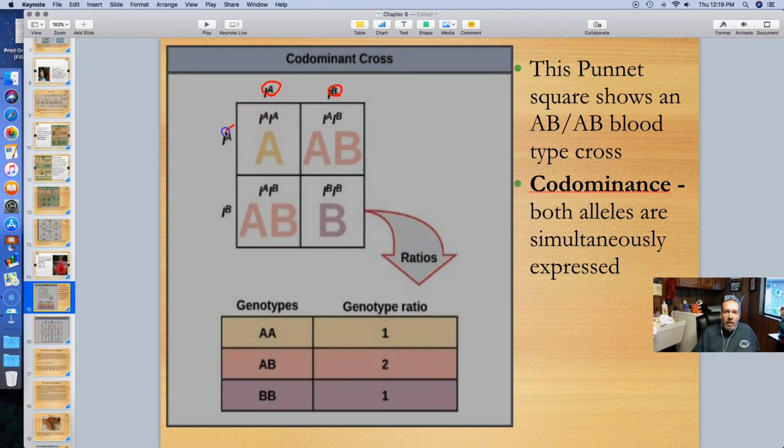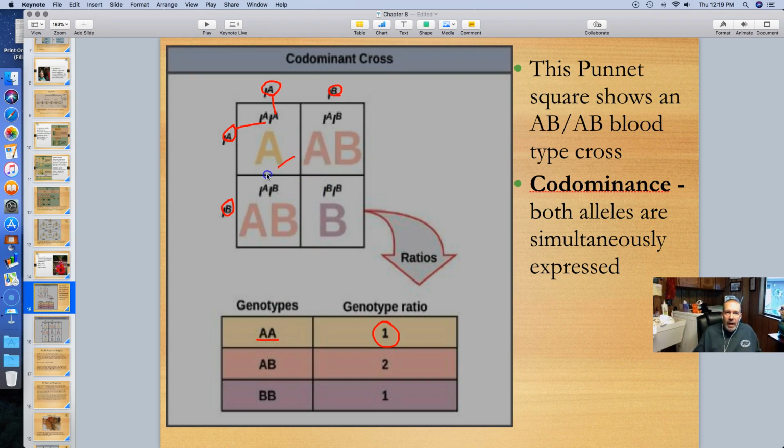And if you have two parents that each have one A and one B allele, when you put the possible combinations together, you end up with about 1 out of every 4 offspring, so again, 1 out of every 4 offspring, having genotype AA, which would be type A blood.